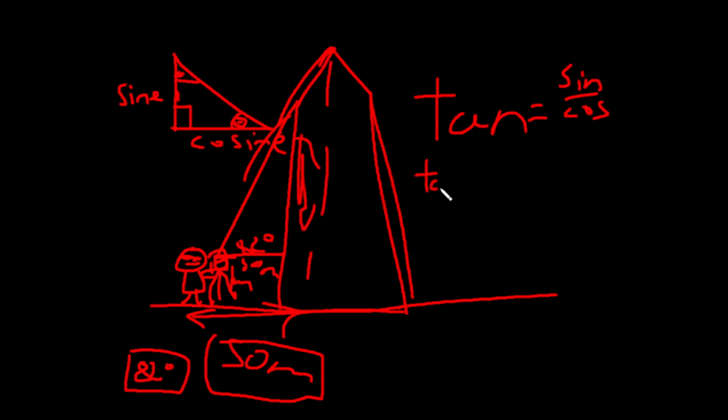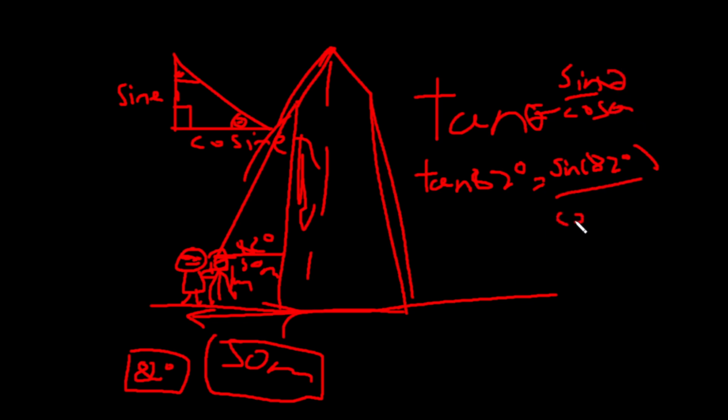Just do tan 82 degrees equals height over 50. By the way, when I say sine over cosine, I mean the angle is the same as the angle here: sin of 82 degrees over cos of 82 degrees.